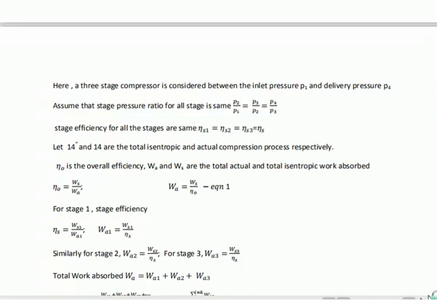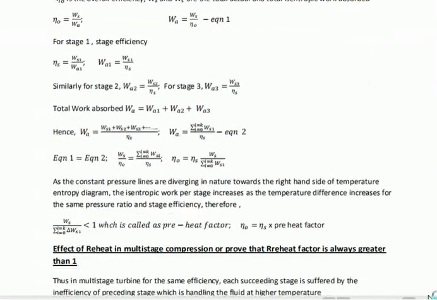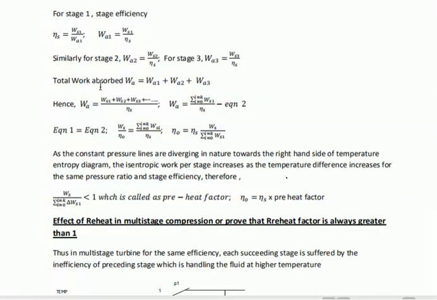So the total work absorbed, WA, is equal to WA1 plus WA2 plus WA3. Hence WA is equal to WS1 plus WS2 plus WS3 and so on, divided by the stage efficiency.